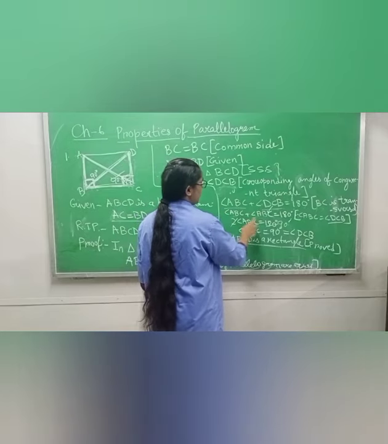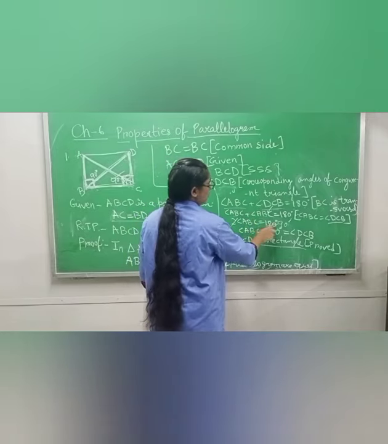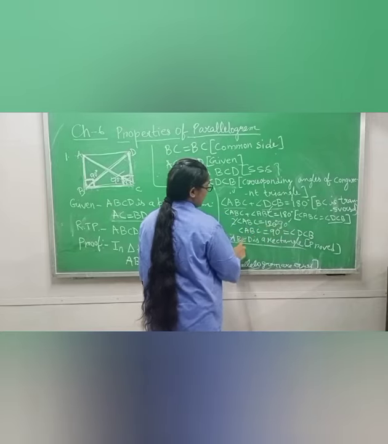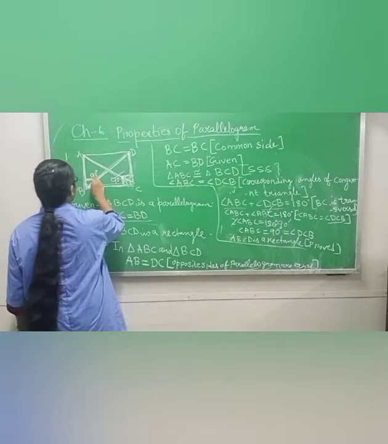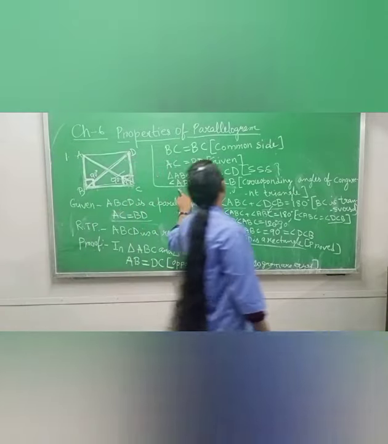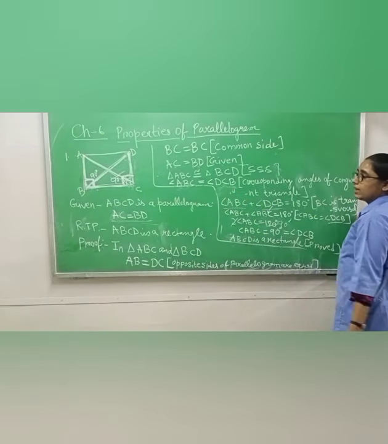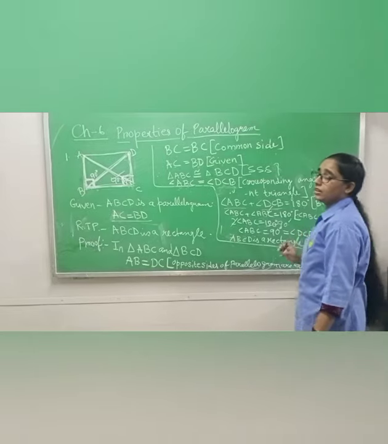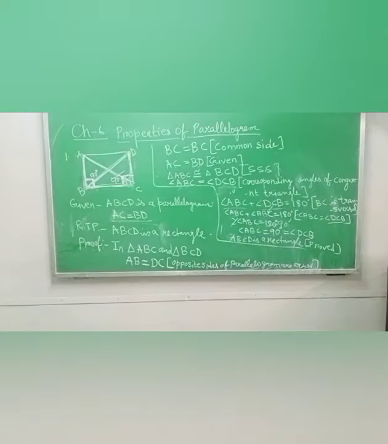Now ABC plus ABC will give you 2 ABC. 2 ones are 2, 2 nineties are 180. So angle ABC I am getting 90 degrees. This one is 90 degrees, so this one will also be 90 degrees. Why? Because angle ABC and angle DCB are both equal. If two angles are 90 degrees, it means that it is a rectangle. Okay, complete this one.